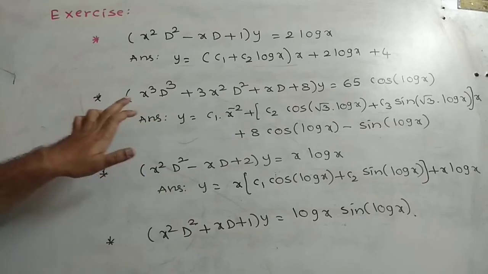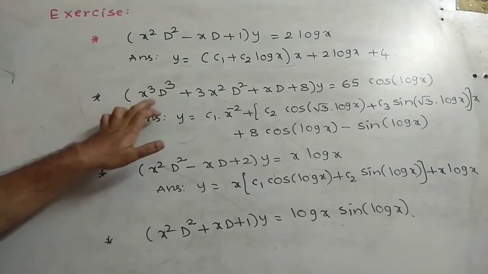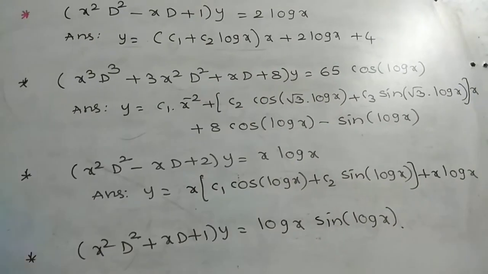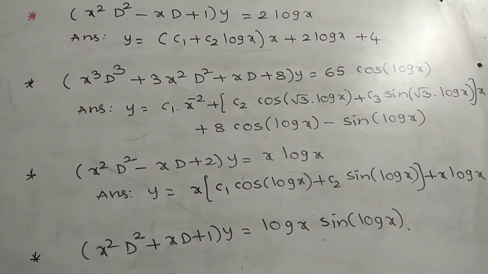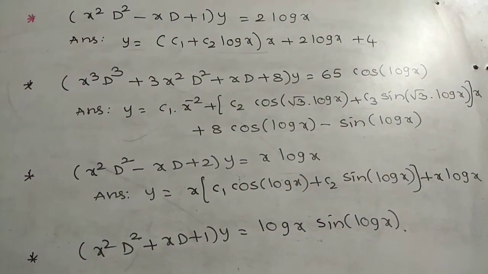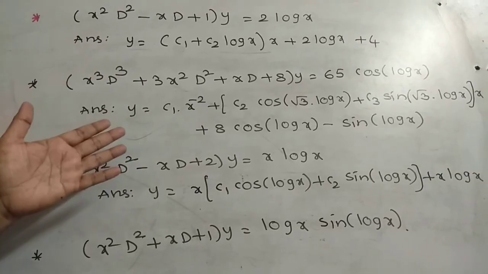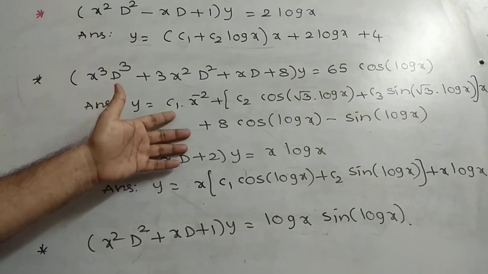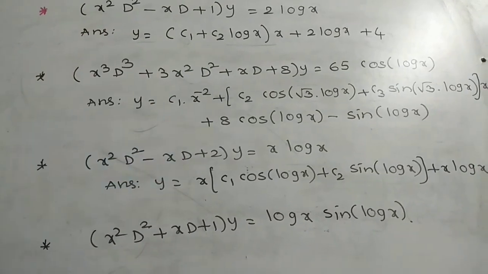Coming to the next problem. X cube d cube plus 3x square d square plus xd plus 8 of y equal to 65 cos of log x. So you apply the same process and you will have an answer, somewhat lengthy. Better you apply it in a systematic manner.